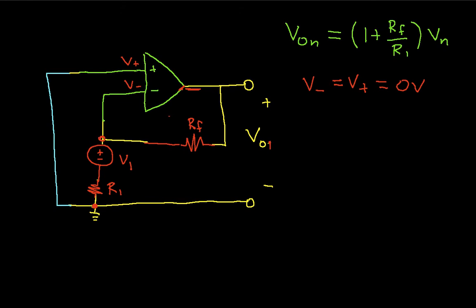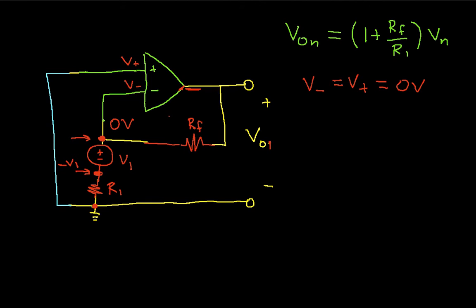So what that says is that at this point in the circuit, my voltage is 0 volts with respect to ground. This seems kind of strange, but one way to look at it is the voltage across R1: I go from 0 volts here to a voltage of minus V1 at this point, because again the negative input is 0 volts.